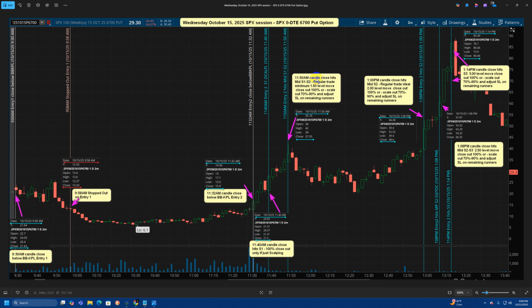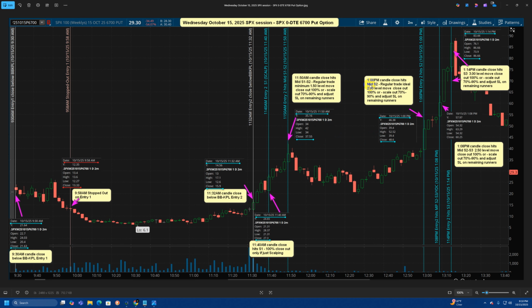Here we have the 11:50 a.m. candle close, hits mid S1, S2. This was the regular trade, minimum 1.5 level move, close out 100% or scale out 70 to 90%, adjust your stop loss on remaining runners. The close of this candle, 37.55. Here's where it hits S2.